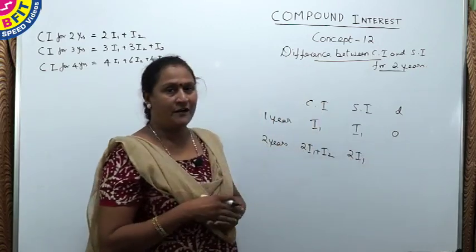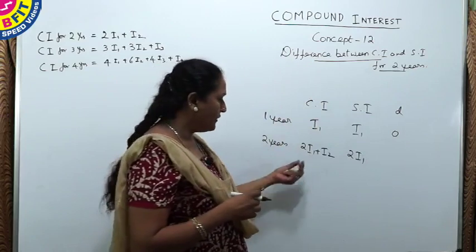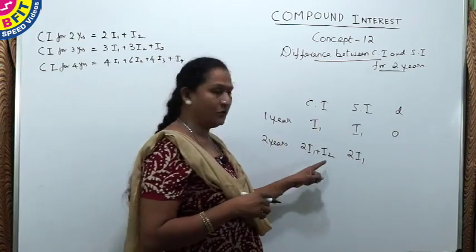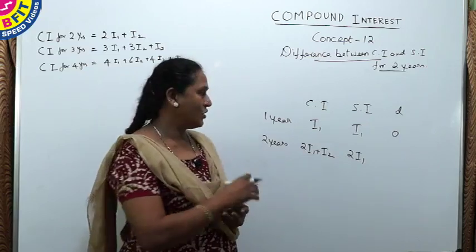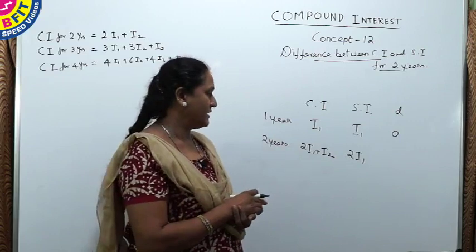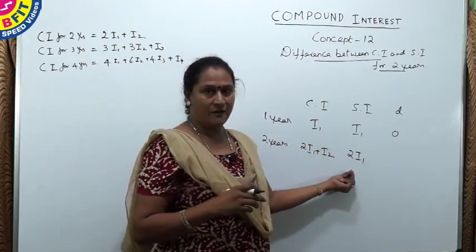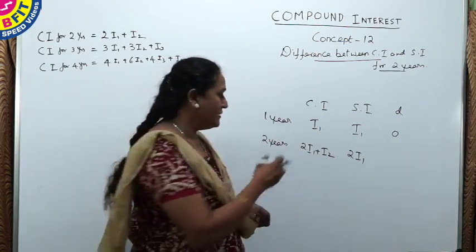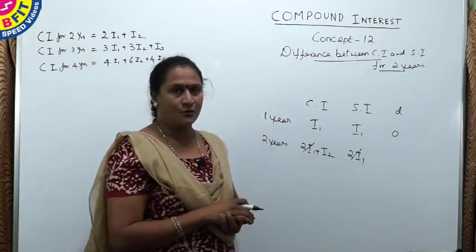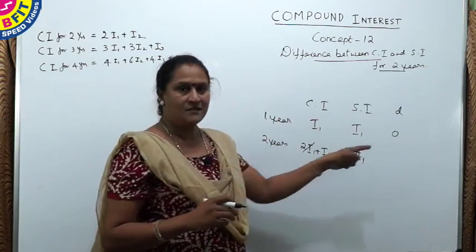When compound interest was asked for 2 years, we found I1, multiplied it by 2, then found I2, and then we added, and we got the compound interest. Here, the difference between compound interest and simple interest is asked. Simple interest is 2I1. So when you are finding the difference, this 2I1 will be in simple interest also. So the difference will be just I2.